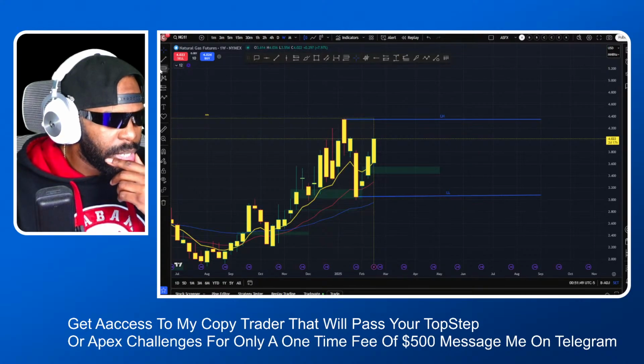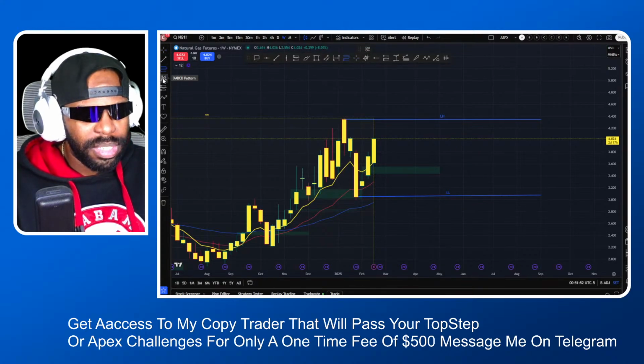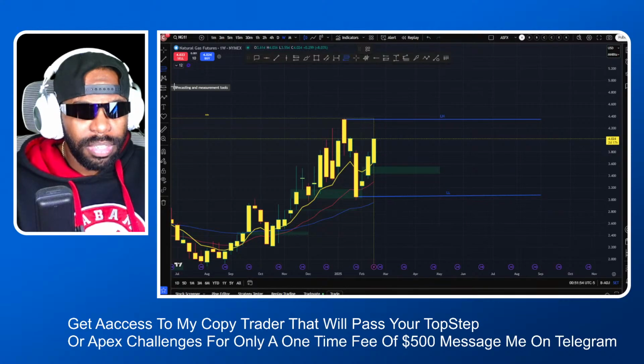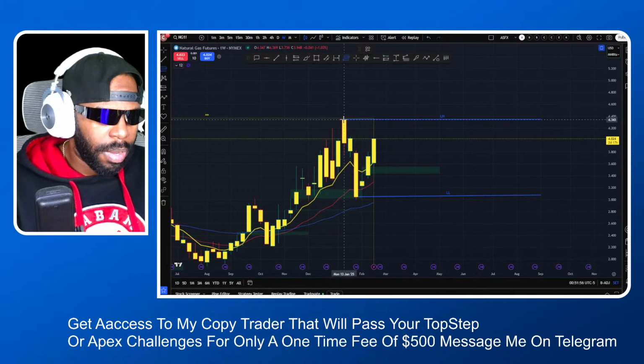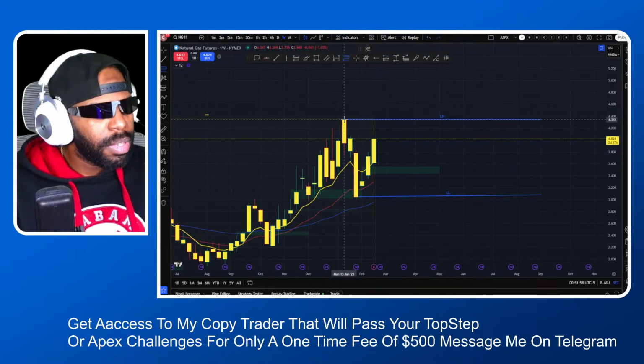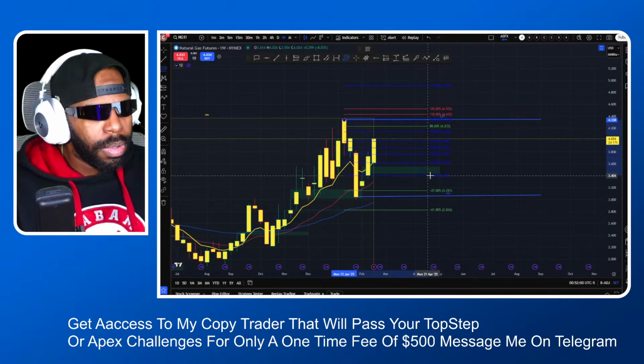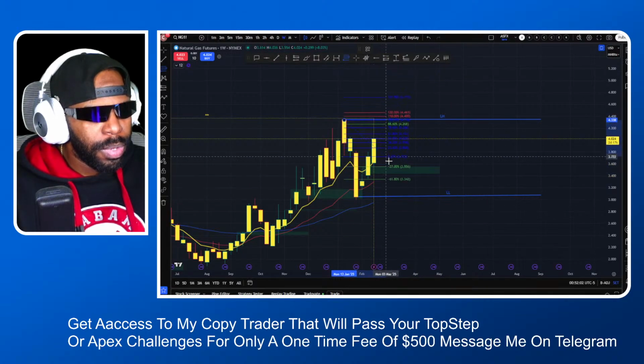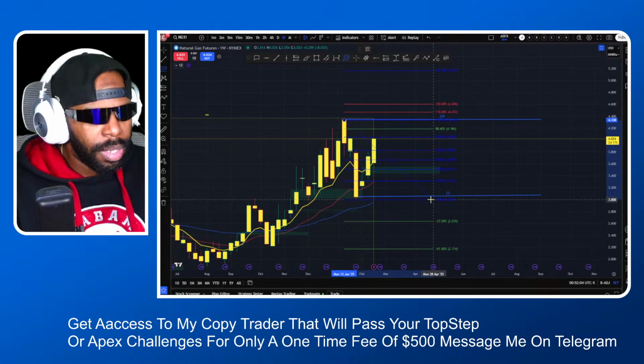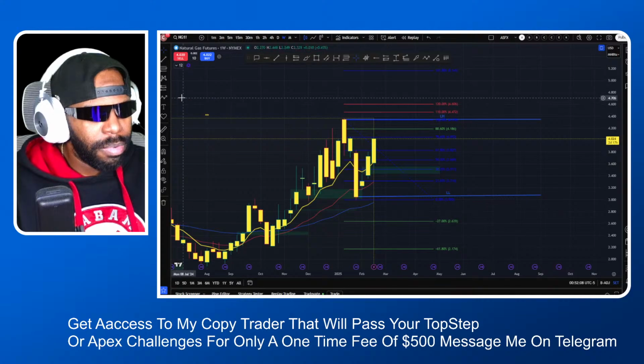Now price is coming up to a potential 78.6 or 88.6 Fibonacci retracement level. If we draw our Fibonacci retracement from the swing high to the swing low, you'll see that price is coming up to that 78.6 level.